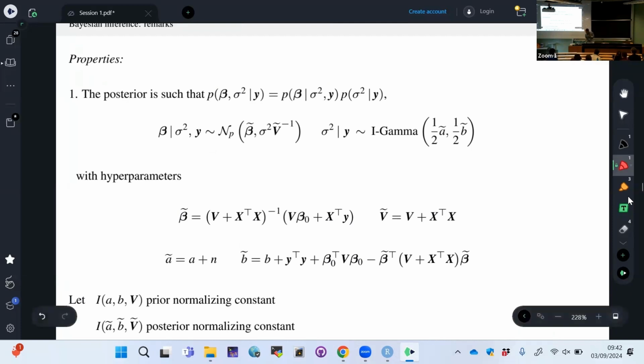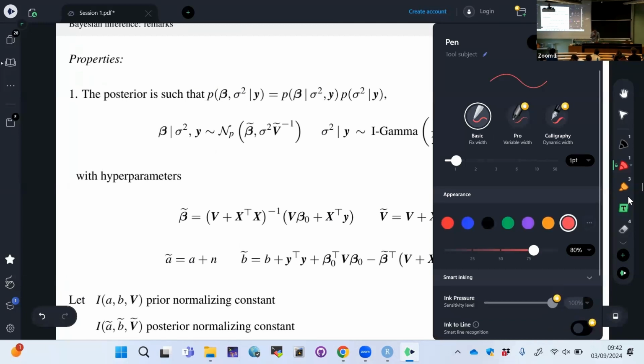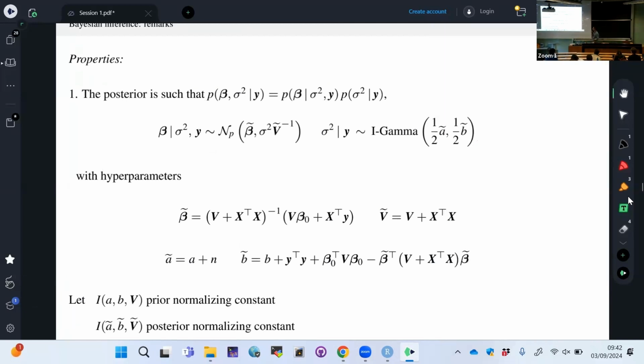So we can write that beta, given the data as well as sigma squared, is still multivariate normal of dimension p with a posterior mean beta tilde and a posterior precision matrix, say, which is V tilde instead. And then similarly for sigma squared, we have the same as before with updated hyperparameters. So instead of A and B, we have A tilde, B tilde. All these posterior hyperparameters have an expression, which is summarized here.